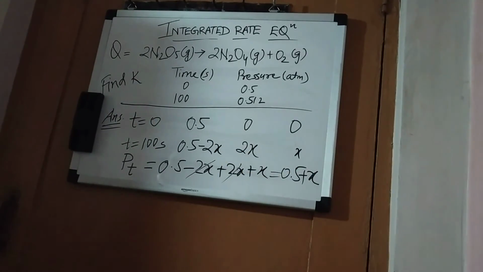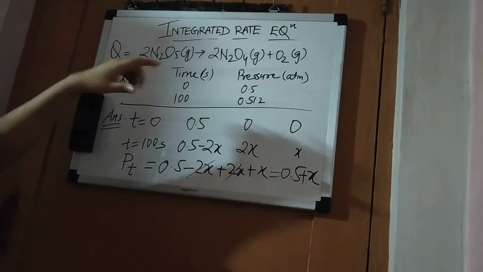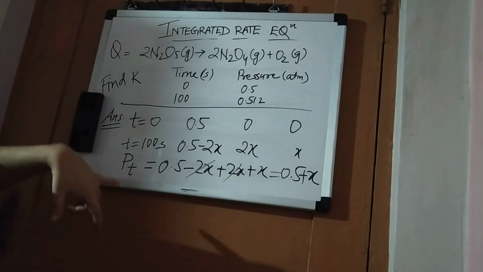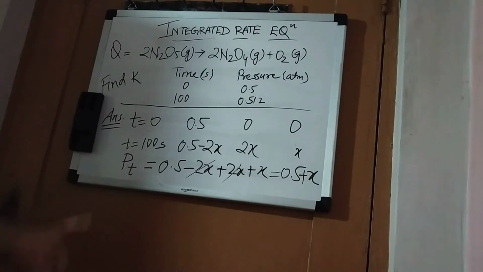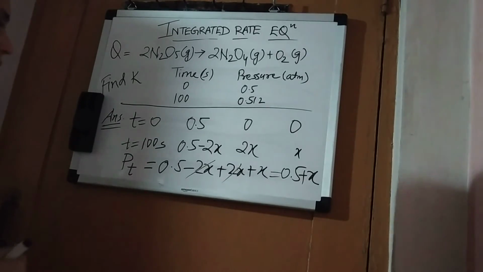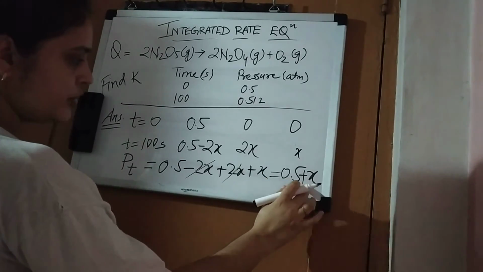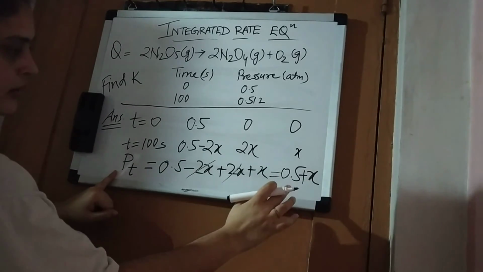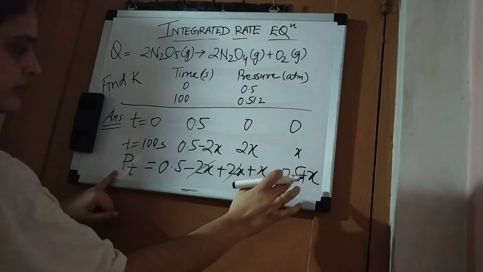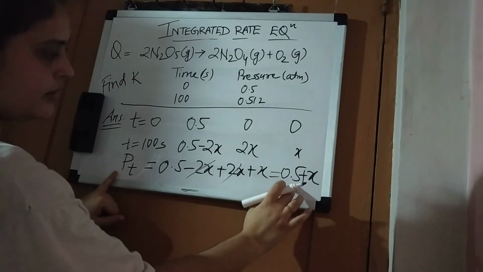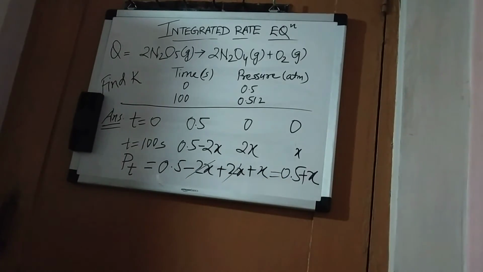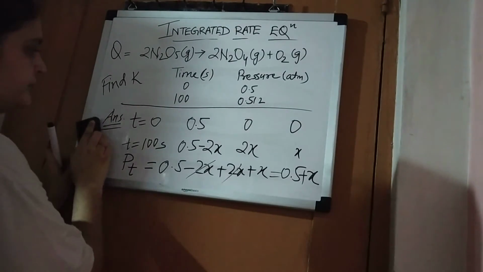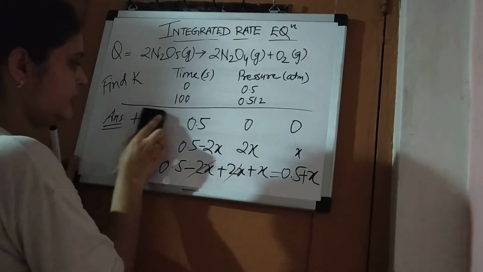Now we will calculate the pressure of N2O5 at 100 seconds. How will we find out? For that we need the x quantity. So x from this equation will become PT minus 0.5, right? So I am writing here.